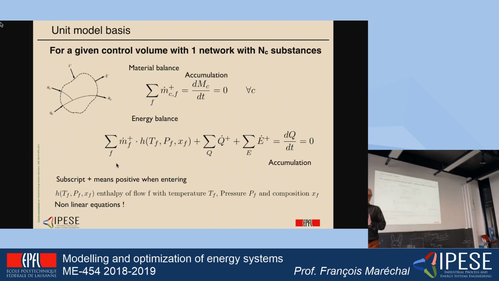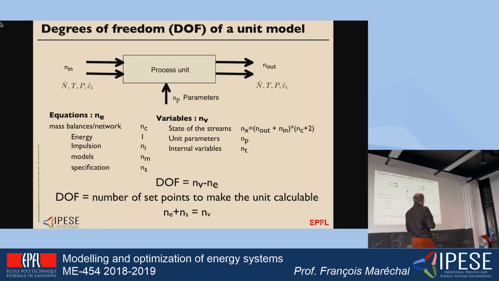Okay, now I have the list of equations, and I know those equations are nonlinear. I have also something which is important, is to identify what I want to calculate. If I want to do a calculation, it means that I will have to make the list of all the equations that I have and all the variables that I would like to know. Okay, so it means that I would like to know the state at the inlet, the state at the outlet.